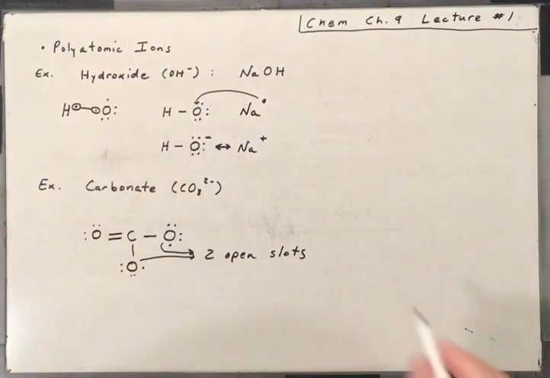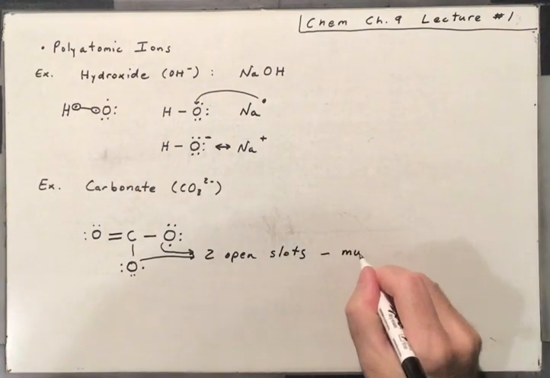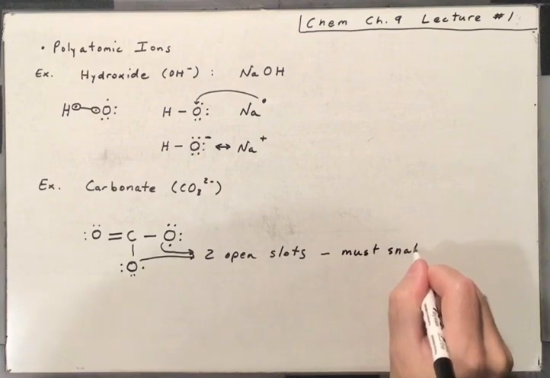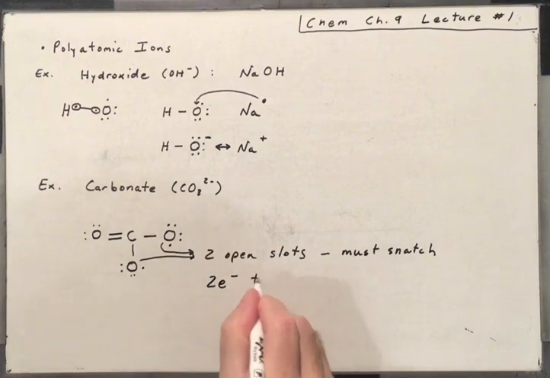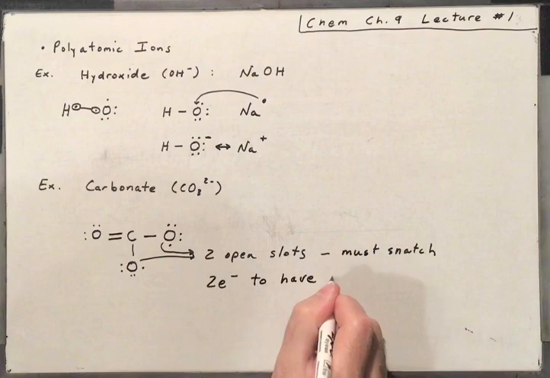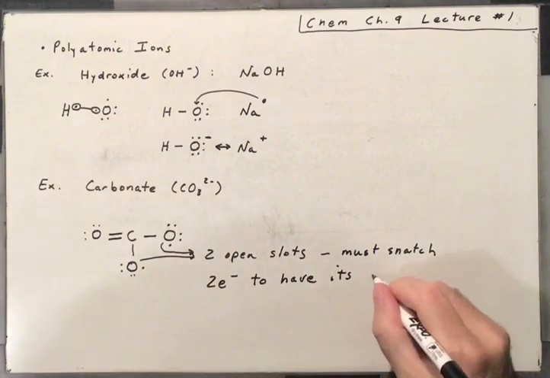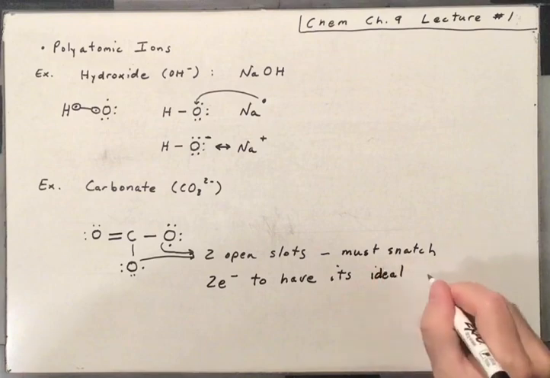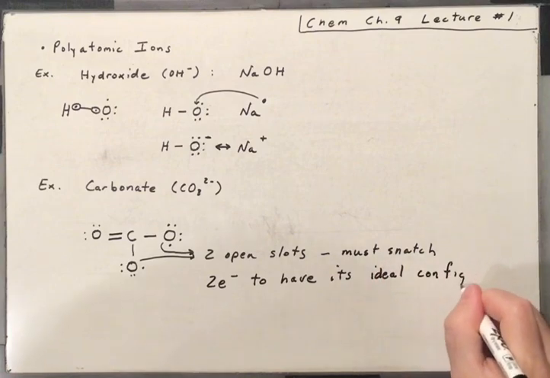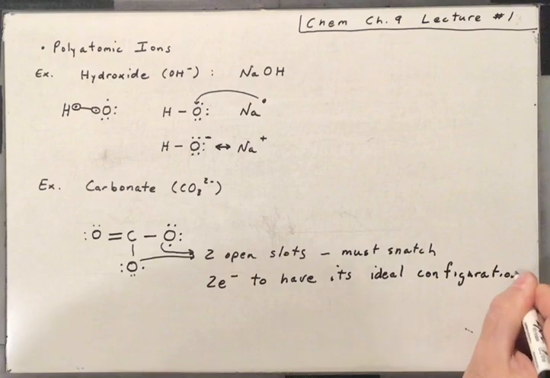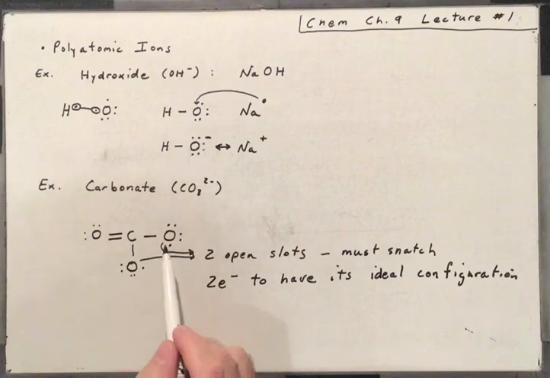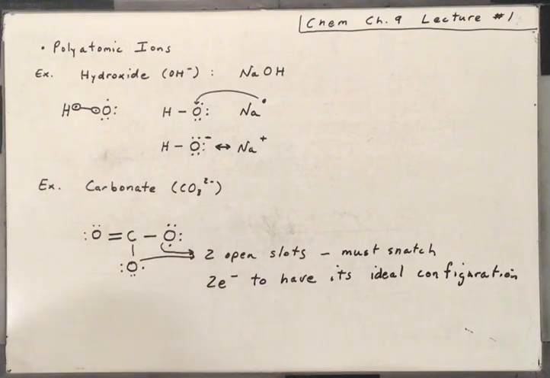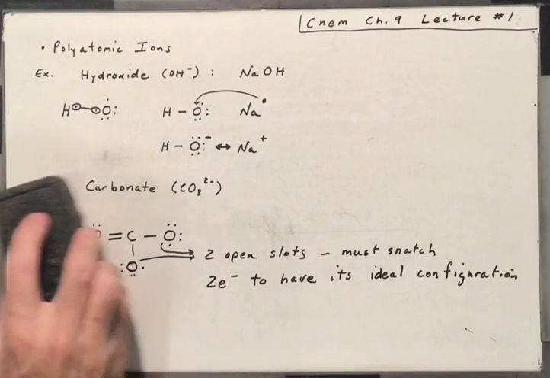So carbonate must snatch 2 electrons to have its ideal configuration, or most stable configuration. Carbonate would need 2 sodiums to come along to get an electron there and then an electron there. Go ahead and pause the video if you need to.